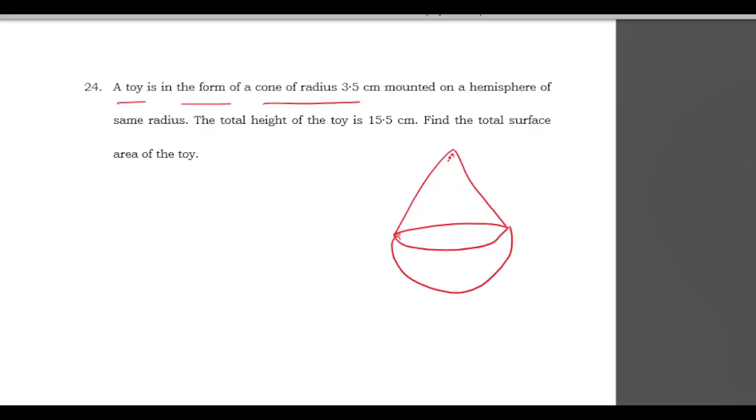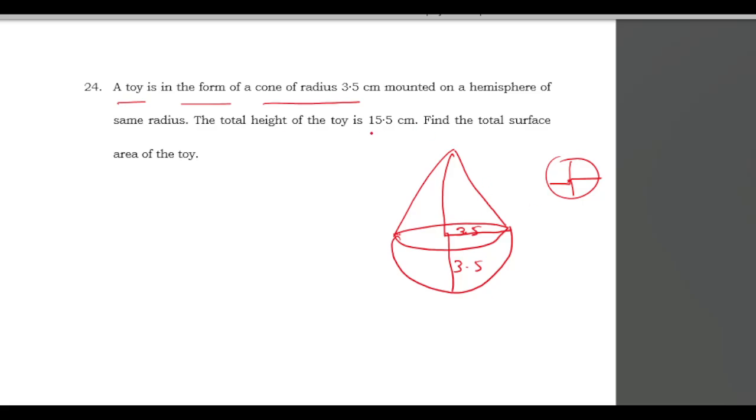This is height, this is radius. The radius of the cone is given as 3.5. The height of the hemisphere is also 3.5, because in a circle the radius is the same everywhere.